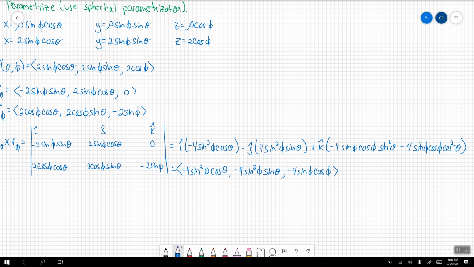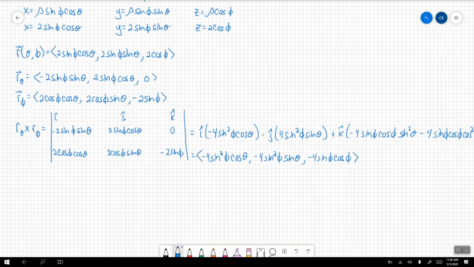Alright, awesome. Now I need to find the magnitude of that vector. So the magnitude of r of theta cross r of phi. Forgot to put little arrows up here. There we go. Alright, first component squared.